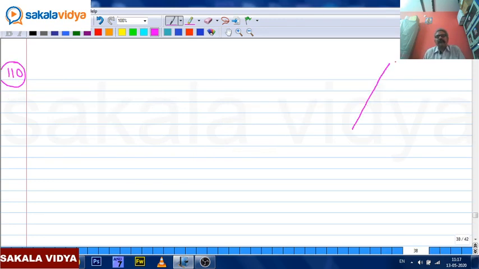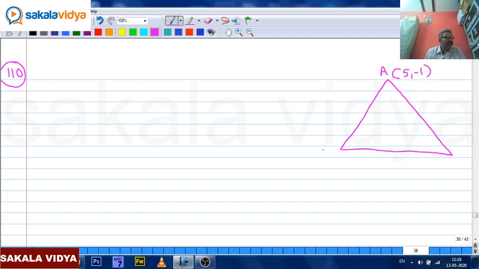See, for example, this is triangle ABC. A coordinates are 5 comma minus 1, B coordinates are minus 2 comma 3, C coordinates are not given.